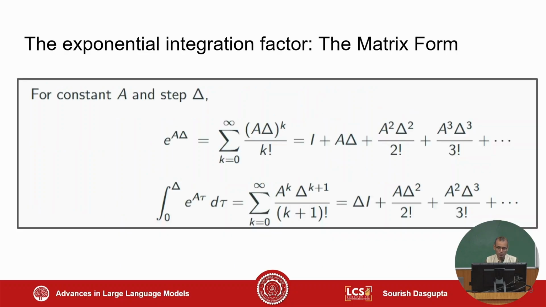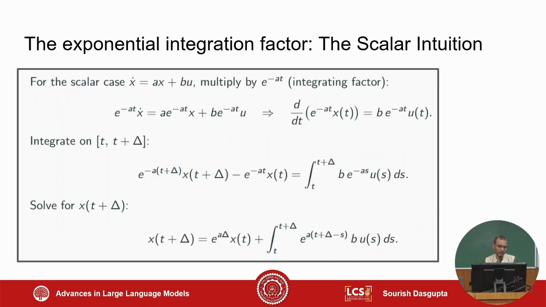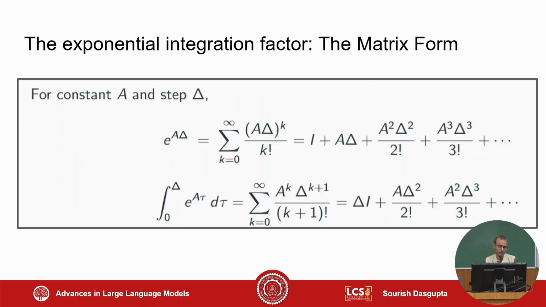So the exponential integration factor for the matrix form, you just have to remember that if a is not a scalar like here, but if a is a matrix, then you apply Taylor expansion over e raised to a delta. This is a Taylor expansion, right? And if you integrate over that, you will get something like this.